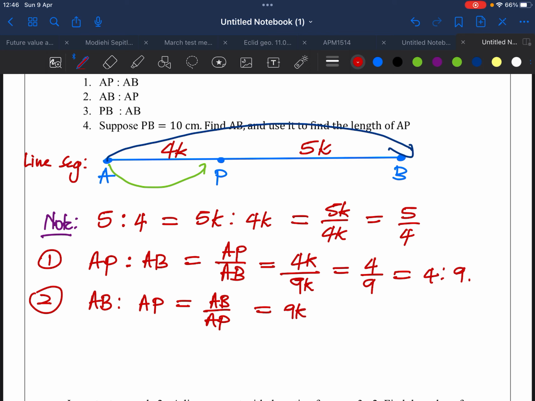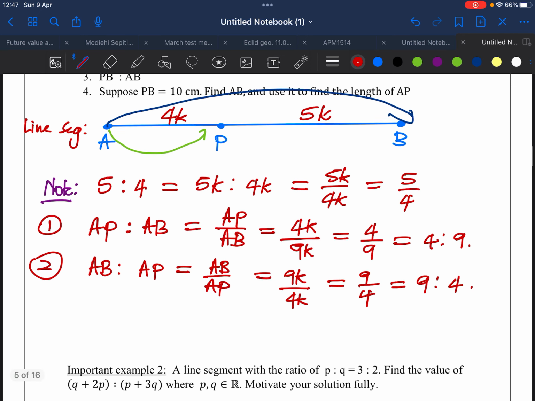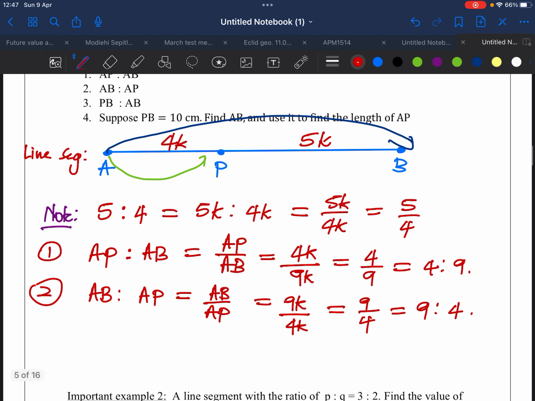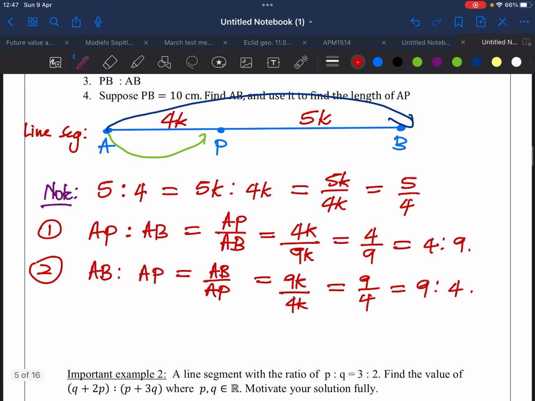What about AP? AP is just 4K. So now our answer is 9 over 4, because K divided by K is 1. So your answer will be 9 is to 4. Okay, so now let us check number 3.